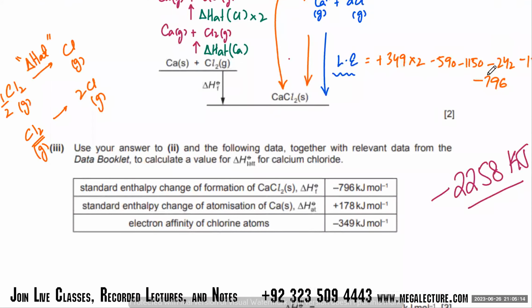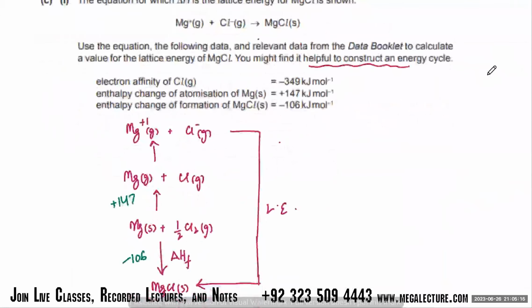So this part will be 242 divided by 2. I'm not breaking one bond, I'm just breaking half a bond, or half moles of bonds. Then I'm going to ionize them.